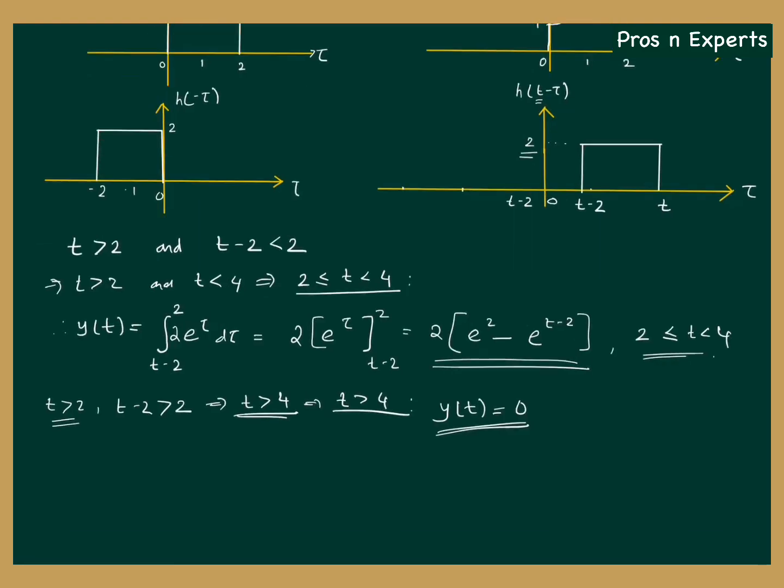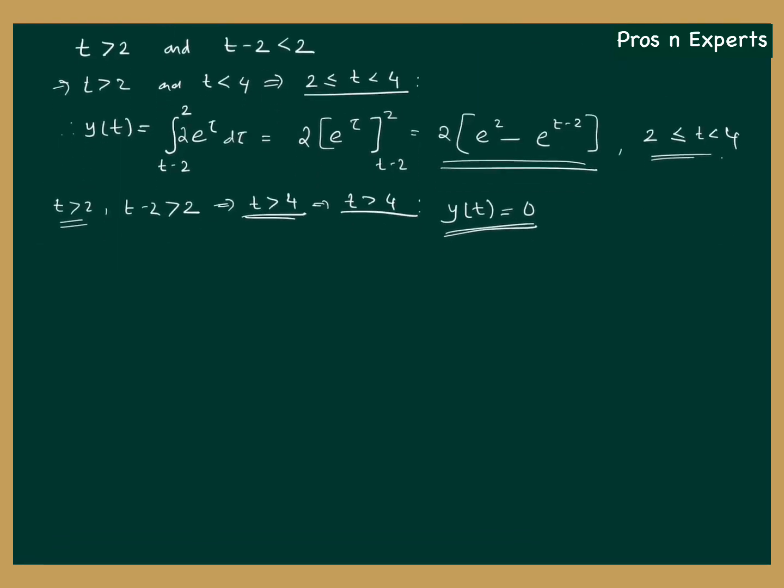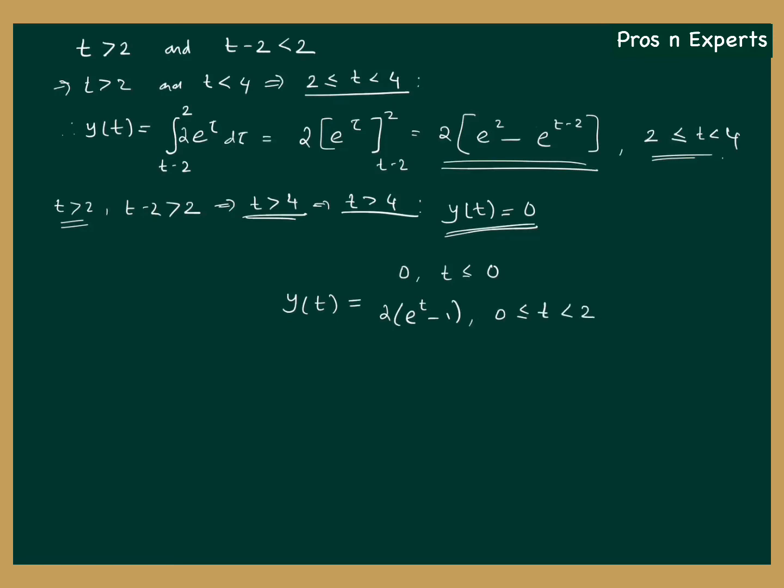Now what I'm up to is to consolidate our output signal y of t. So y of t was initially 0 for t less than or equal to 0. Then for the next condition it was 2 times e raised to t minus 1, I think. Yeah, that is for 0 less than or equal to t less than 2.